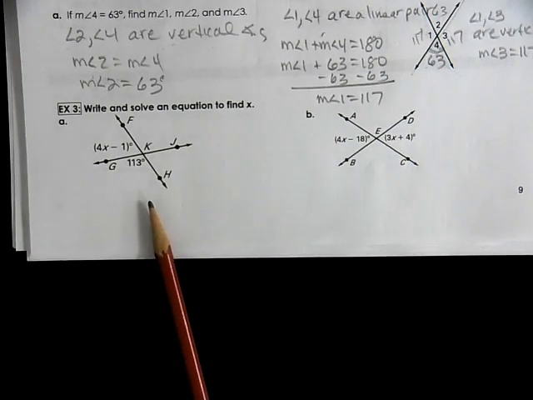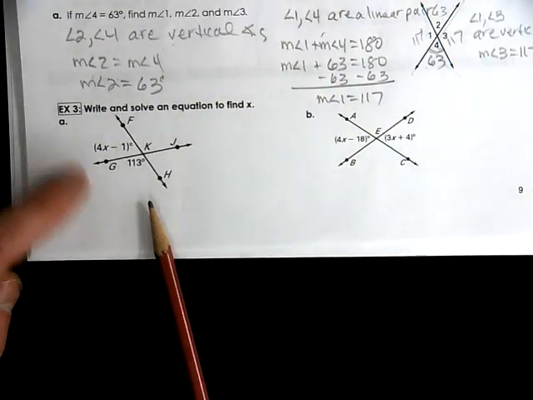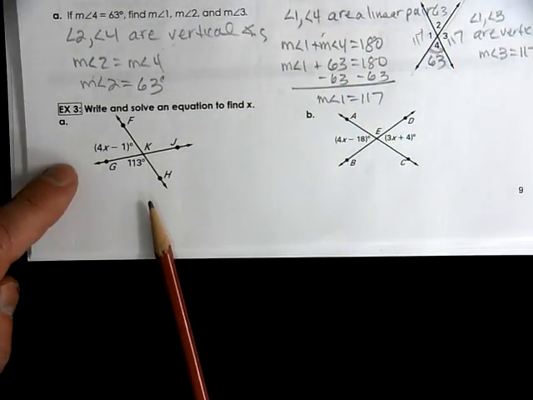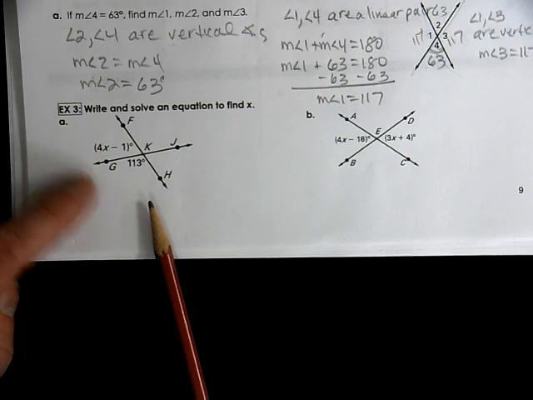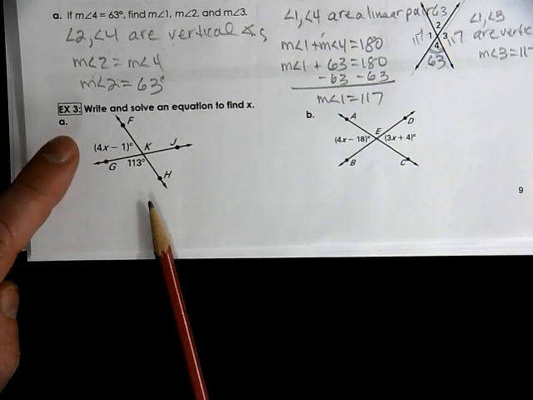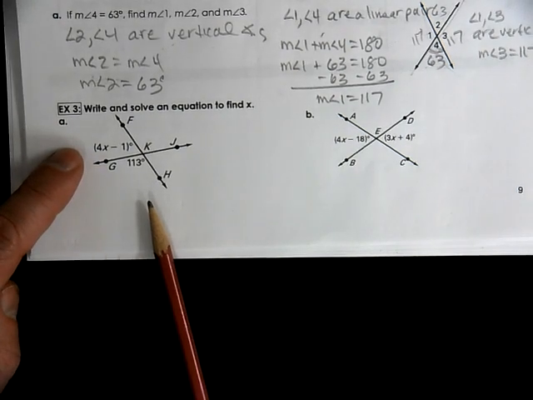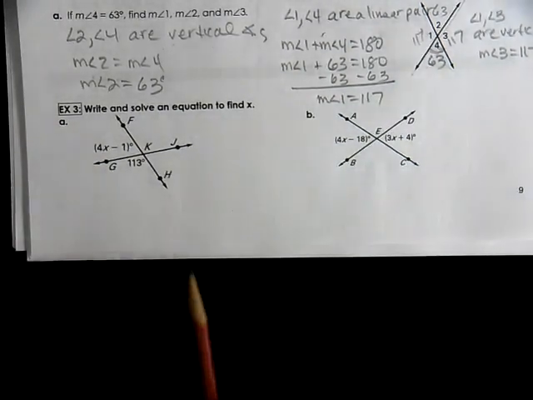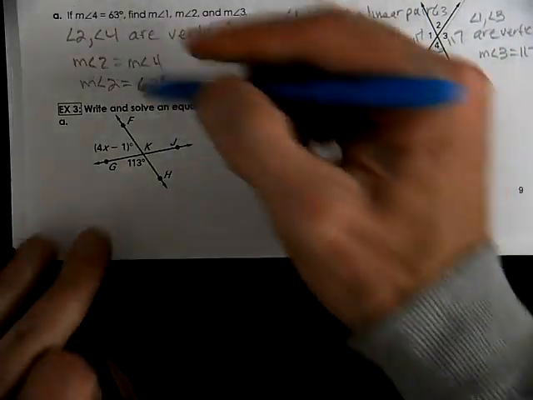Now you got to come up with some problem solving. What do you recognize? What do you know about the angles that are provided here? You got to look at their relationship. What's the relationship between the 113 and the 4x minus 1? They are forming a straight line.